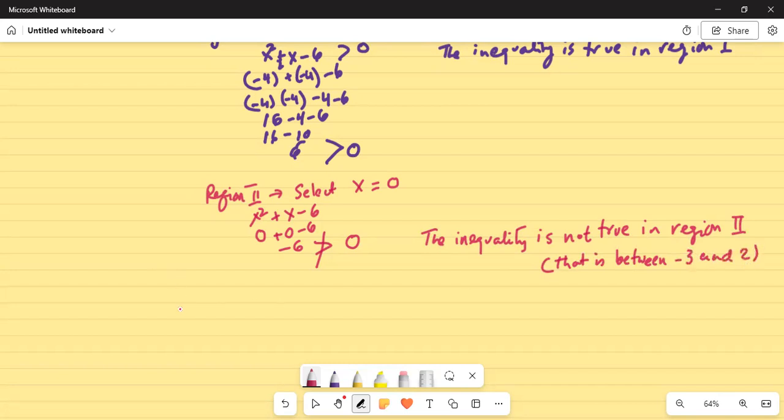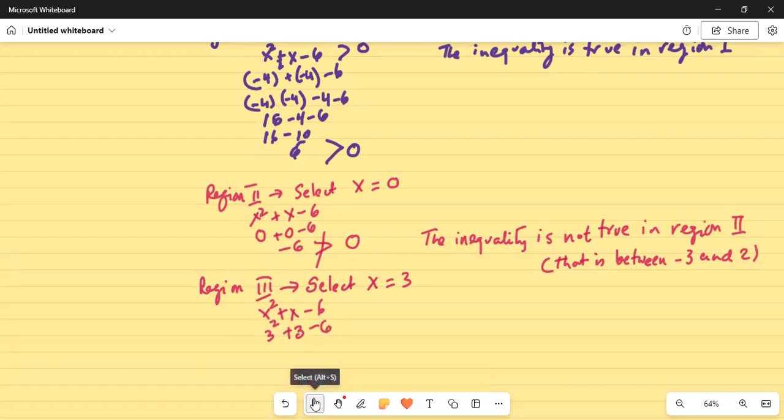Okay. Now we'll test for region 3, which is greater than 2. So select x equal to +3. x squared plus x minus 6 is 3 squared plus 3 minus 6.